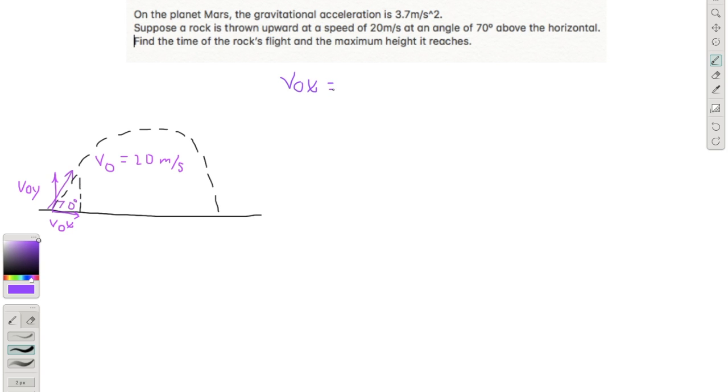The horizontal is the v0x, and the vertical, which is the up motion, is the v0y.